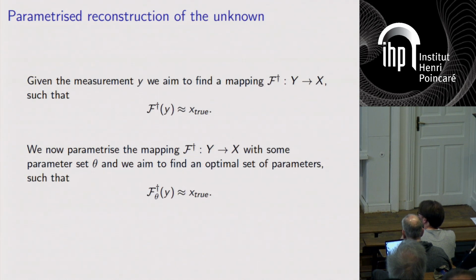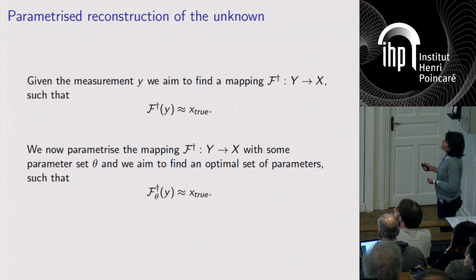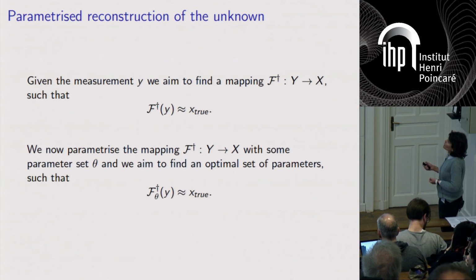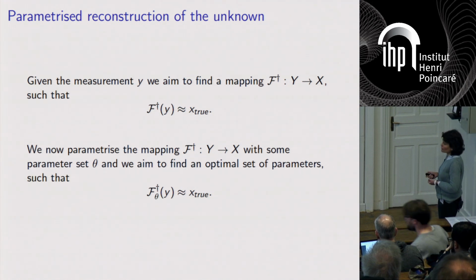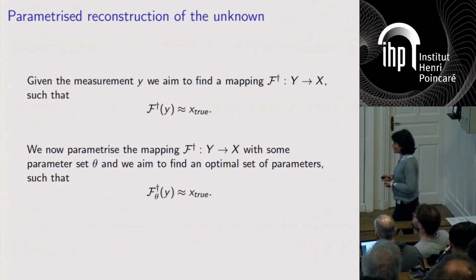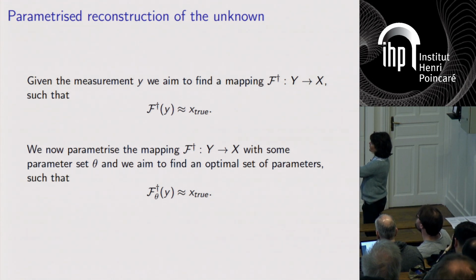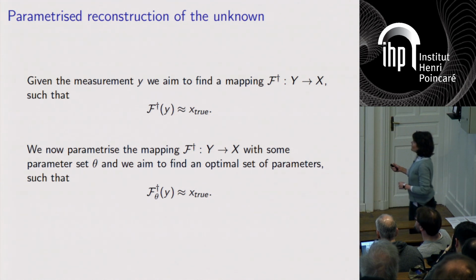Okay, so you have heard about this idea a few times. What we want to do now is construct some kind of map that goes from the data to the solution. In a conventional way, this could be a pseudo-inverse, for example.